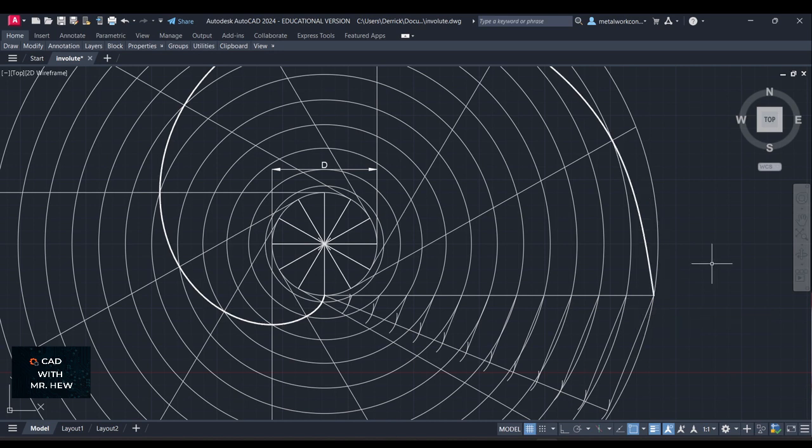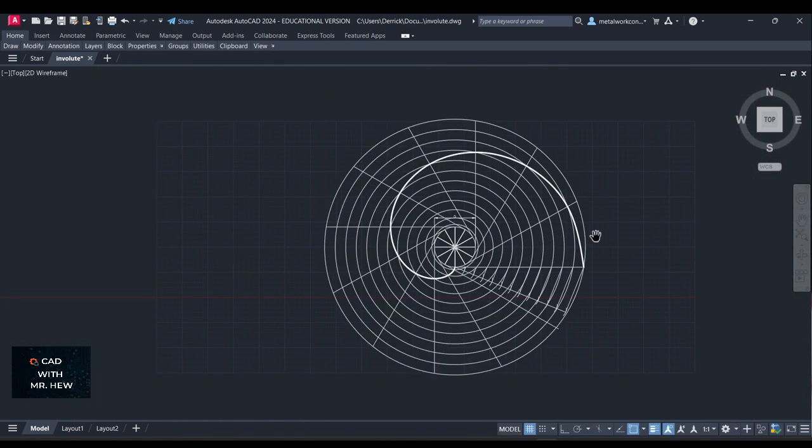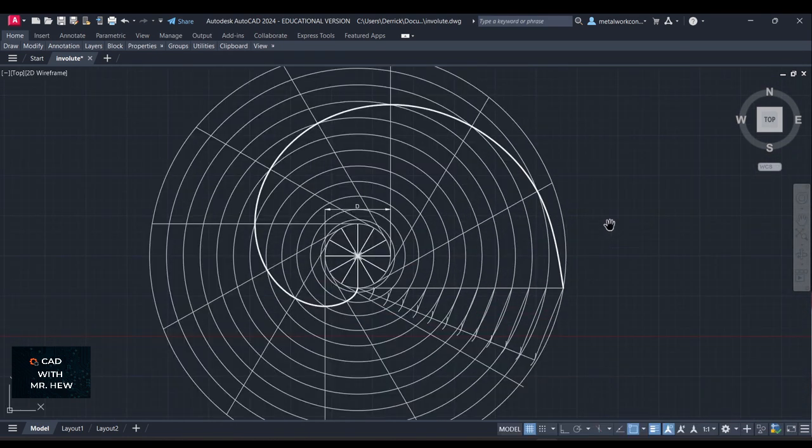Let me enter, right? So this would be the involute for the circle, right? This outline there, that is called the involute of the circle, right?